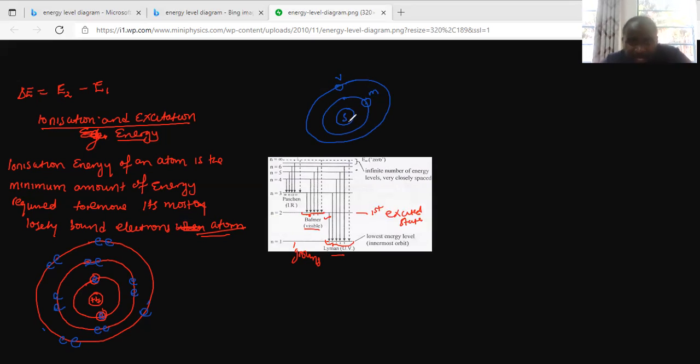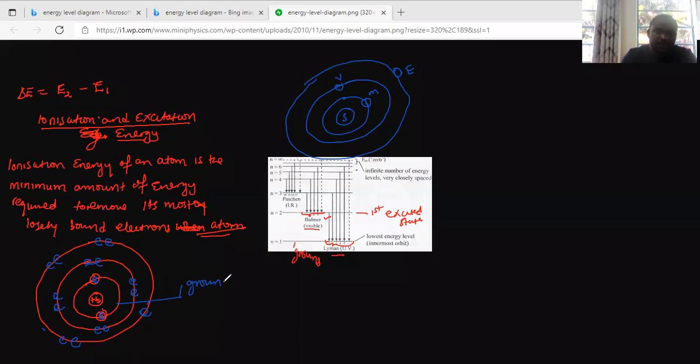So you see that this planet, which is closest to the sun, is the one with the least energy and moving with perhaps the slowest speed. And these ones which are further away, like now the Earth is a little bit away from the sun. The Earth is more massive than these ones, faster than them, more energetic than them. The same applies to these electrons. The electrons which are in the innermost shell, this is the ground state. Electrons which are in the ground state or in the innermost shell possess the least energy.